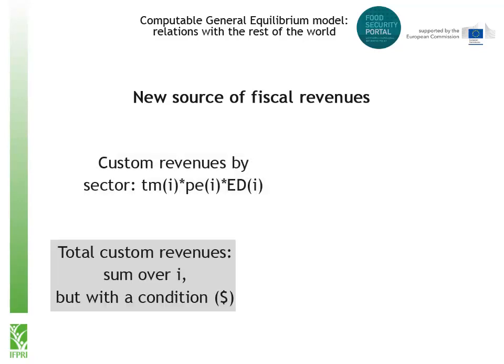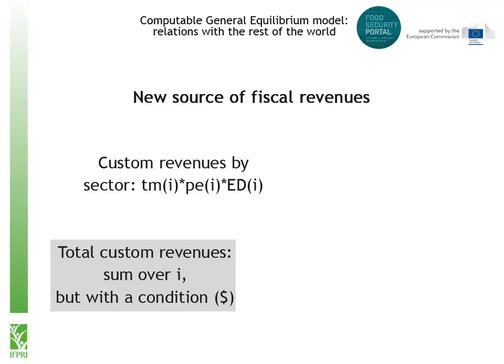So, in fact, there is a problem with total custom revenues. Why? Because, in fact, to obtain total custom revenues you have to sum custom revenues by sectors over all sectors. But the problem is that you've got sectors without any imports. So you must add a condition. I remind you that the conditions in GAMS are expressed by a dollar.